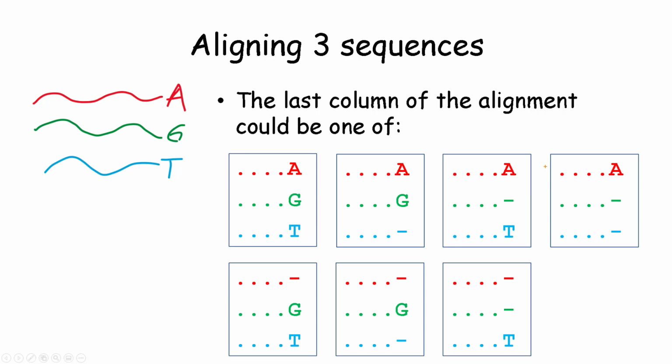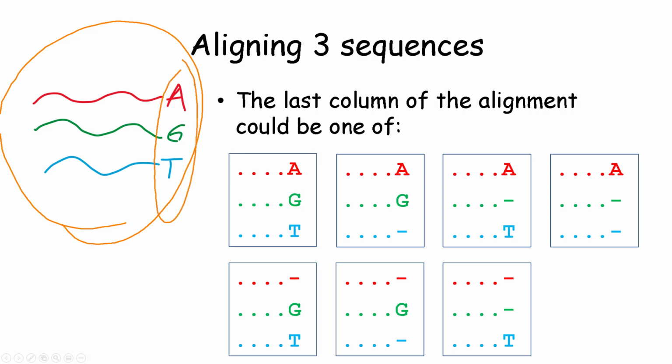Let's demonstrate this for aligning these three sequences. In order to find the alignment with the highest score, we need to consider what the last column of such an alignment could be. There are only 7 options for the last column of an alignment of 3 sequences.